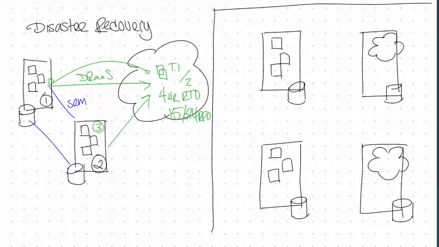Let's say that out here we have Tier 1. And Tier 1 applications, those are comprised of databases, communications, everything that the business needs to get back up and running because it can't stay down for too long.